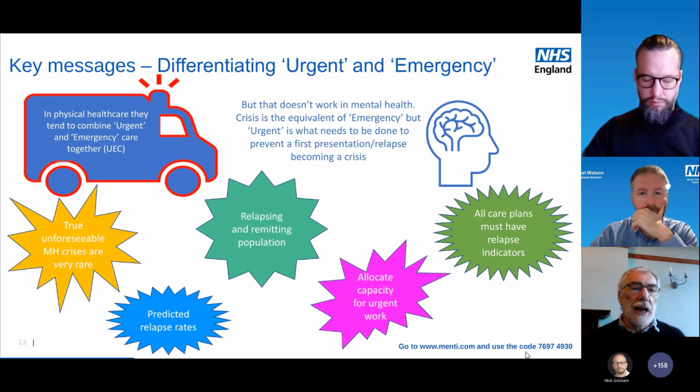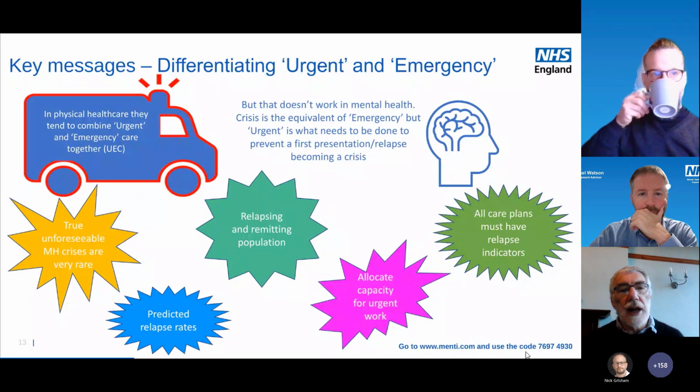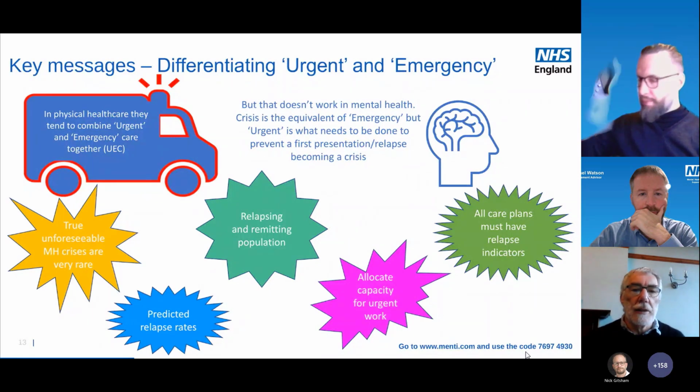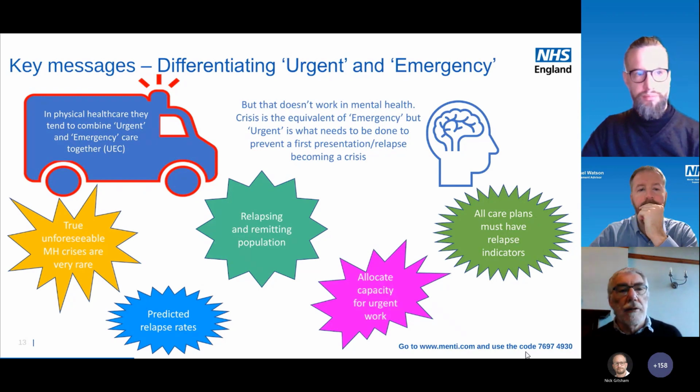When they start to hit relapse and they need some urgent input, the teams are often so bogged down with routine appointments that you can't get an early review by a nurse or an OT or a doctor or anyone else, because everyone's booked up so far in advance. And that is not good elective care. That is poor elective care, when everything is so timetabled that nothing else can fit in.